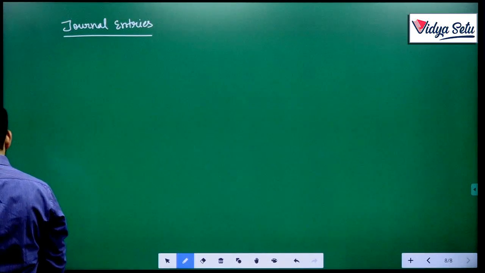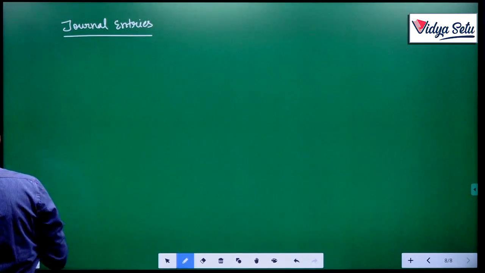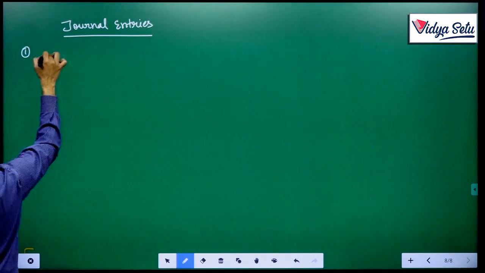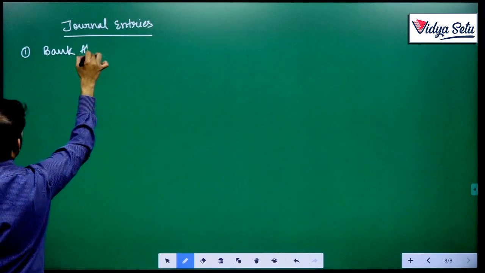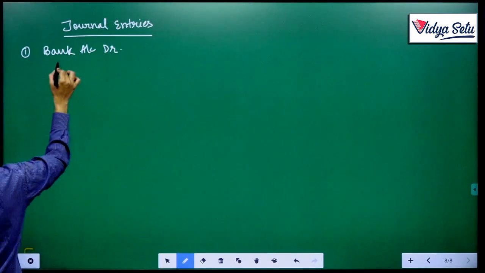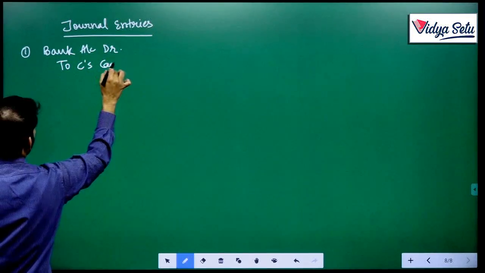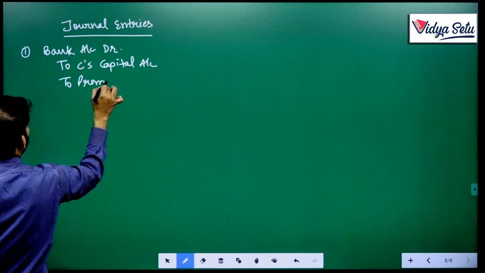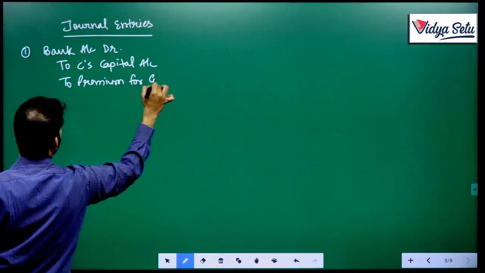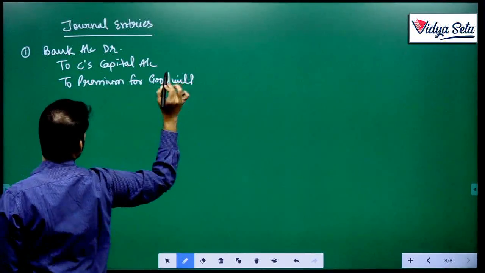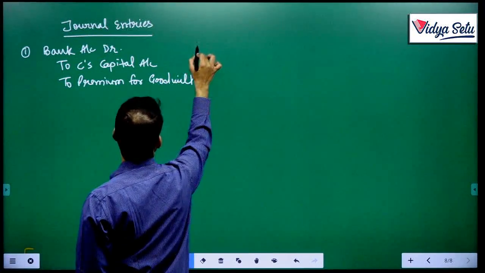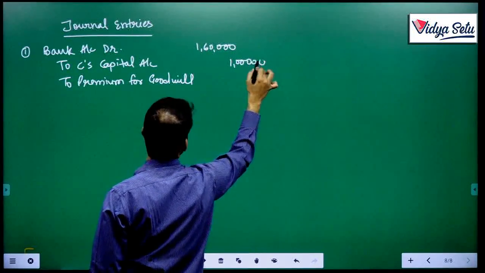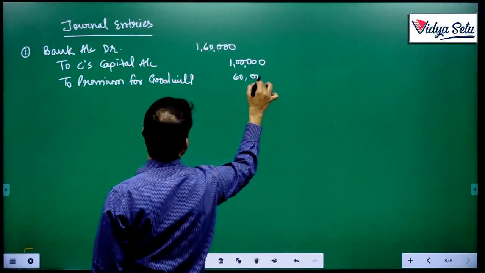Okay, first journal entry will be of the new partner coming in. Who's the new partner? C, and he's bringing in money. So bank account debit. Remember, we did it in bank account, to C's capital account, to premium for goodwill. C totally brought rupees 1,60,000. Out of that, 1 lakh was for his capital and 60 was for the goodwill.